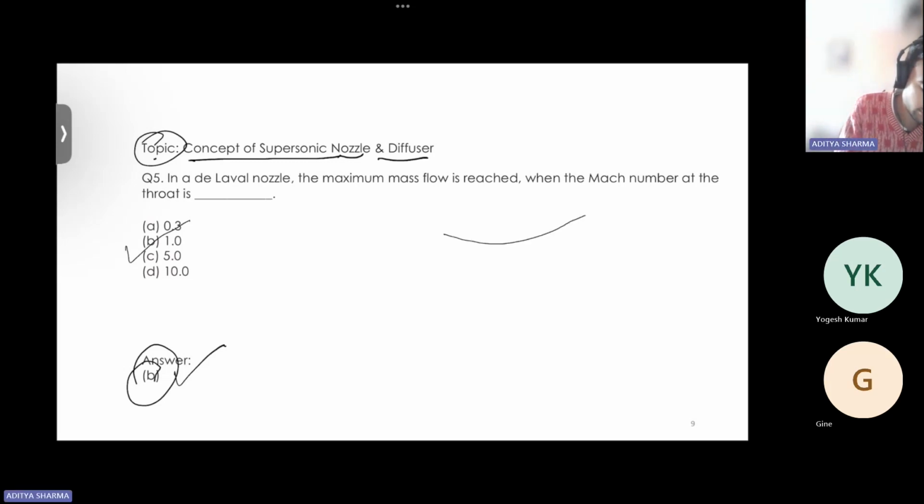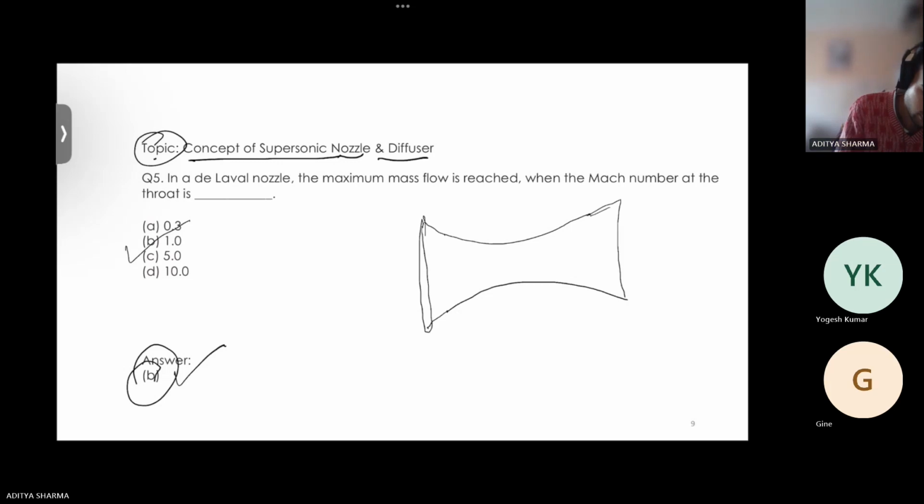So this is our de Laval nozzle, something like this. This is our throat.